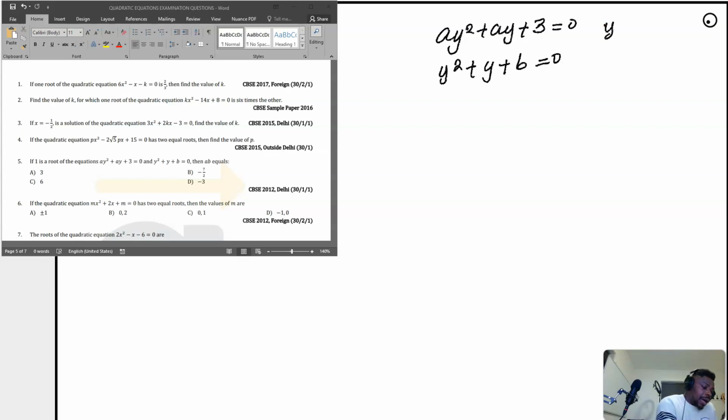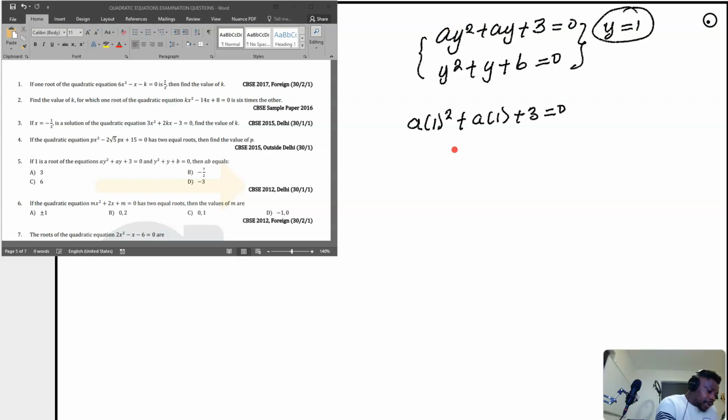So that means y equals 1, because 1 is a root of both equations. So wherever I see y, I put 1. Let's start with the first one. a bracket 1 squared plus a bracket 1 plus 3 equals 0. So this is 2a plus 3 equals 0, so 2a equals minus 3. So a is minus 3 over 2.